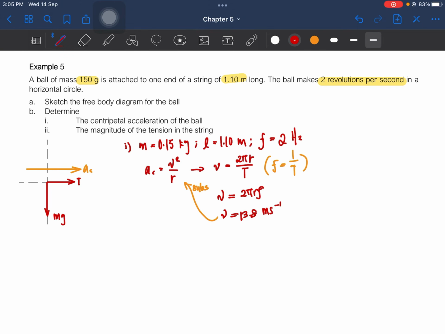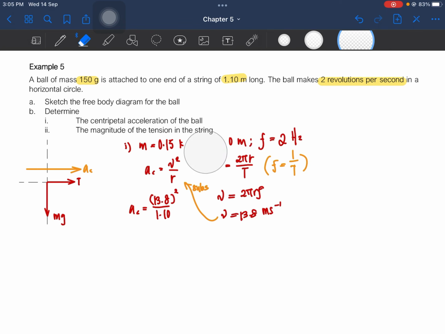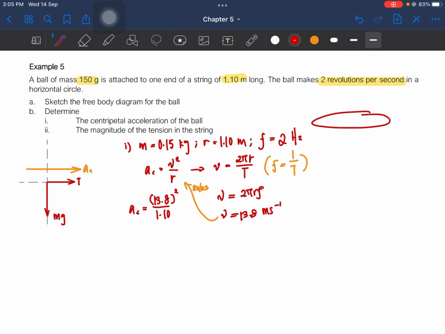So kamu akan dapat the centripetal acceleration to be equal to, oh, I forgot to square this. This is 1.1. Kejap. A ball of mass is attached to one end of a string. O horizontal circle ba? Ini bukan length. This is the R. Okay, sebab kalau macam ni, actually dia ada gambar ba ni?